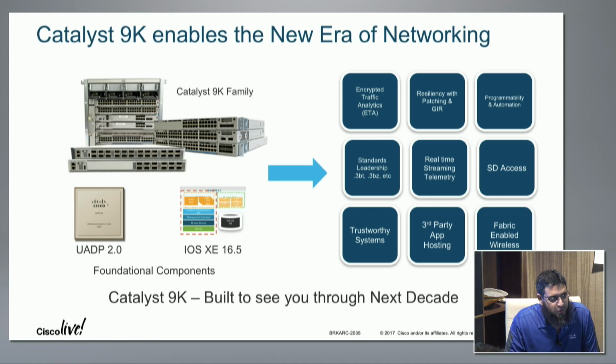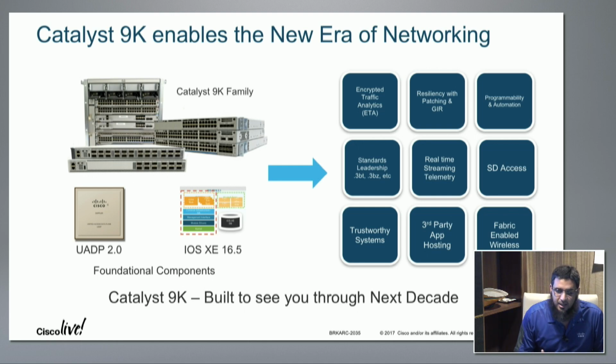Okay, so that's our Catalyst 9K family. The Catalyst 9300, 9400, and 9500 are built on a very strong foundation with the help of UADP 2.0 and IOS XE 16.5. And that enables a range of things. I'm not going to talk about all of these boxes here, but you are going to hear about most of them during the day.